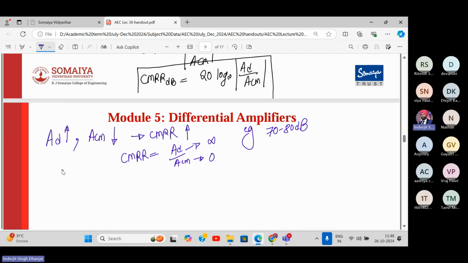Practically, the CMRR value should be greater than a very high value, around 80 dB.